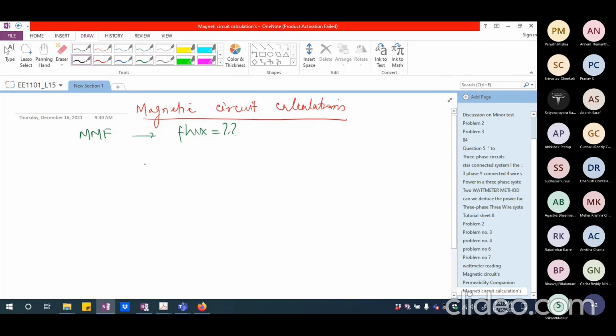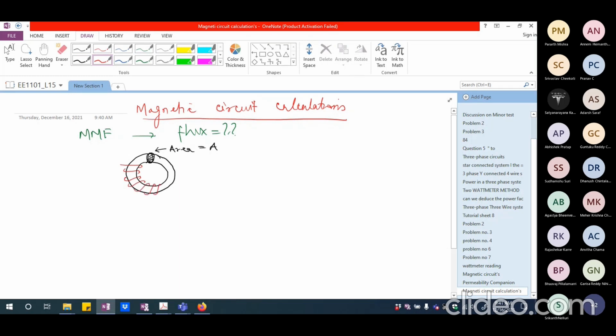Okay. So let us say I have a ring made up of iron like this, and let's say it has a circular cross section. Let's say the area of cross section is A, some capital A. And let us say I'm going to wind some winding around this, something like this, and let's say it has N number of turns.